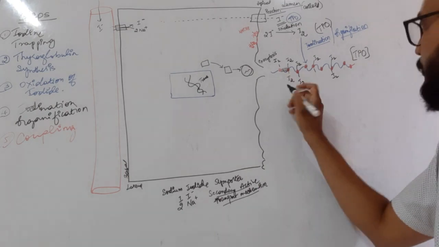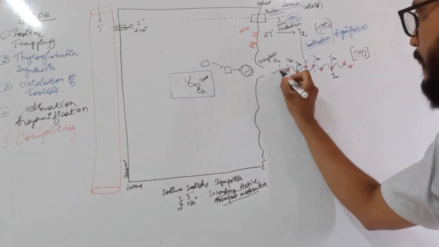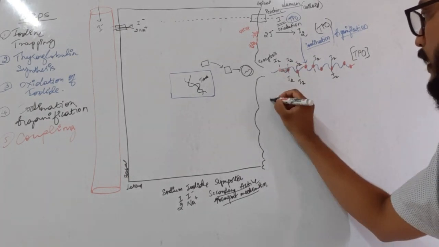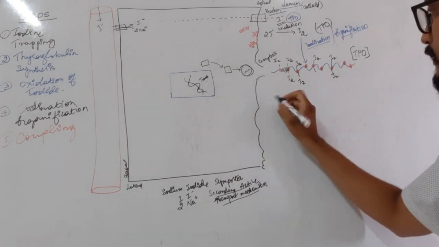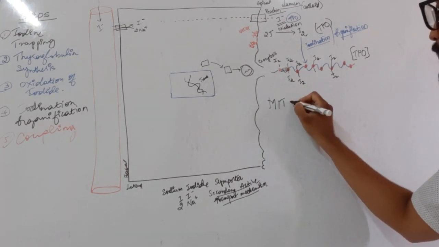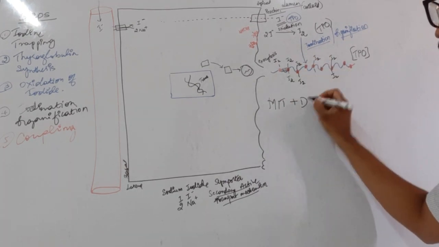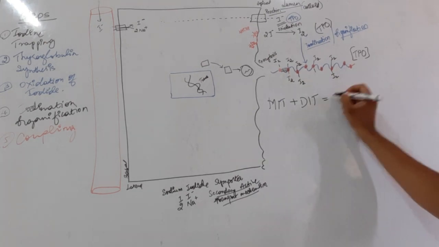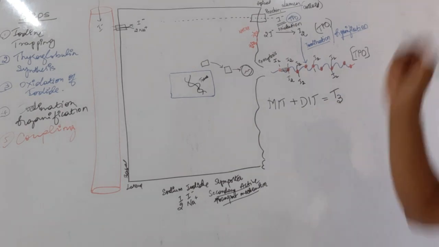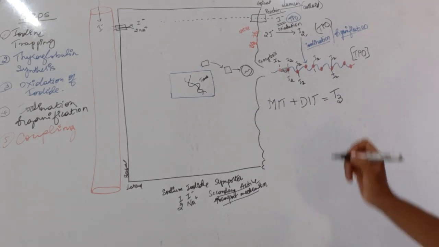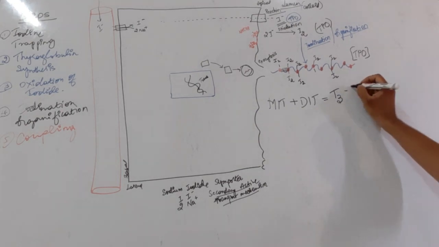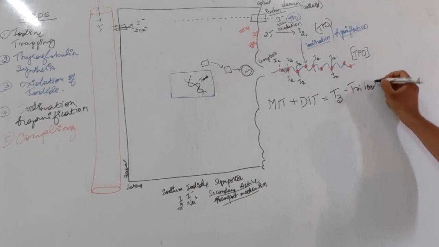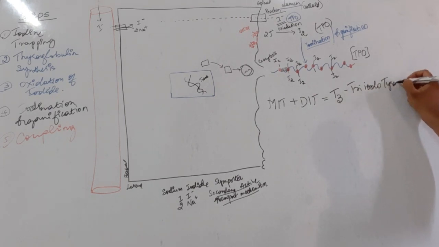Whenever it is fusing, for example, in this example, we have one MIT which is fusing with DIT. Whenever the MIT fuses with DIT, we get T3, that is triiodotyrosine.